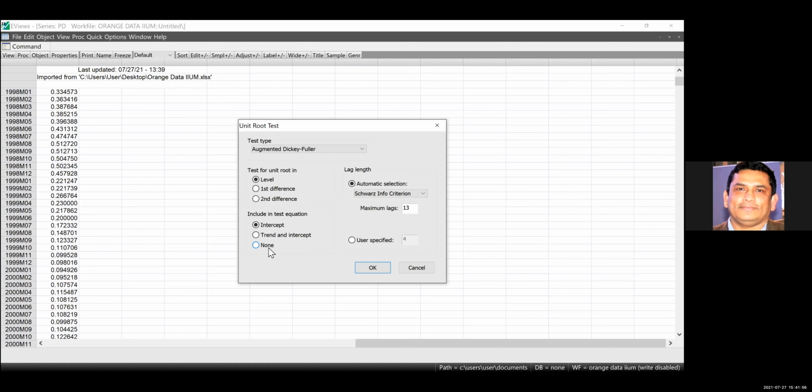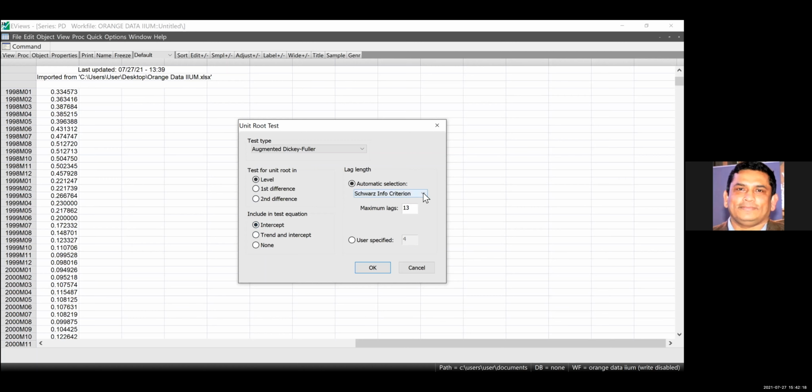Just by seeing the data graph, you can understand whether the data follows any trend or not, and based on that understanding, you can use different equations and see how sensitive it is to the significance level. So here in the level, I use the level and the intercept.